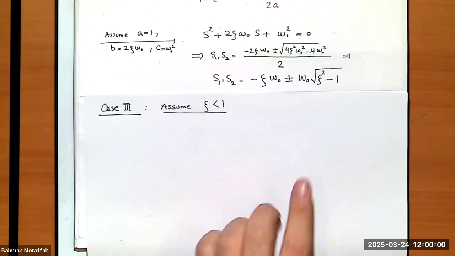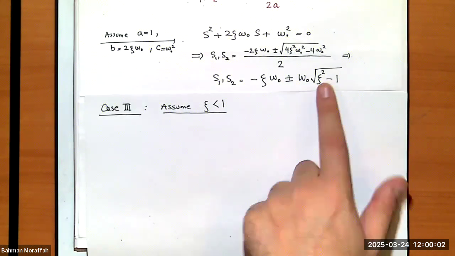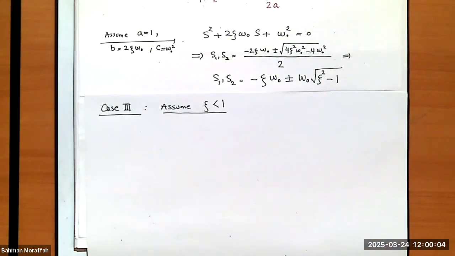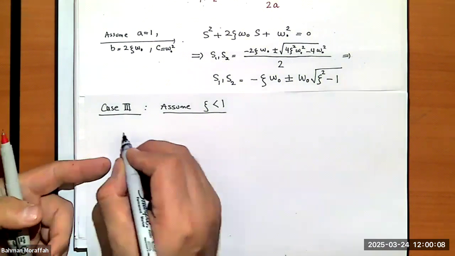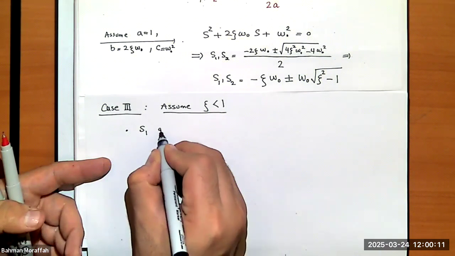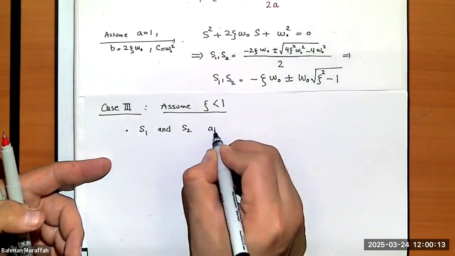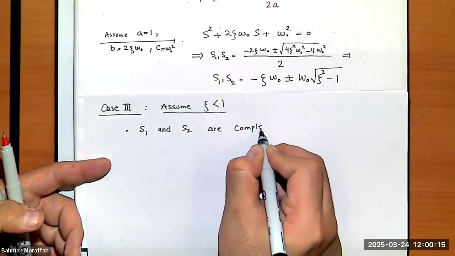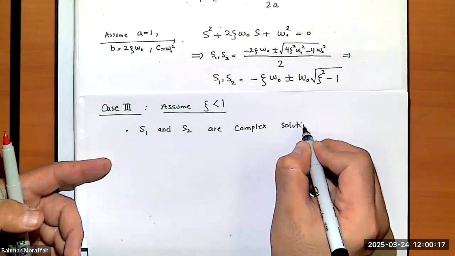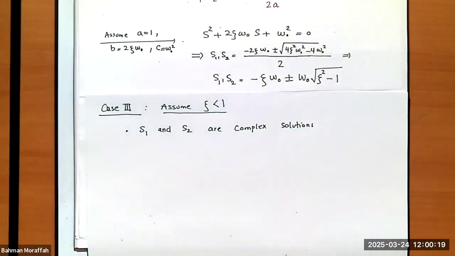I have a negative number underneath here, which means my solutions must be complex. So S1 and S2 are complex solutions. As a matter of fact, I know S1 is S2's conjugate, right?